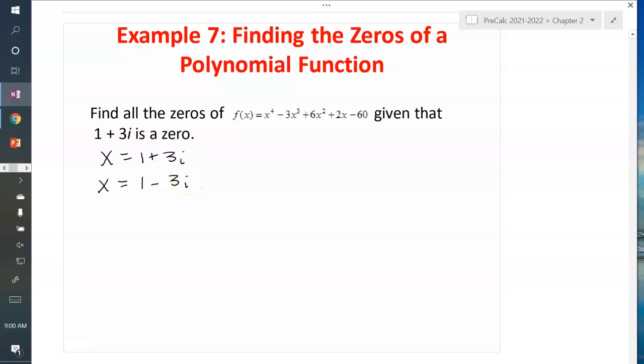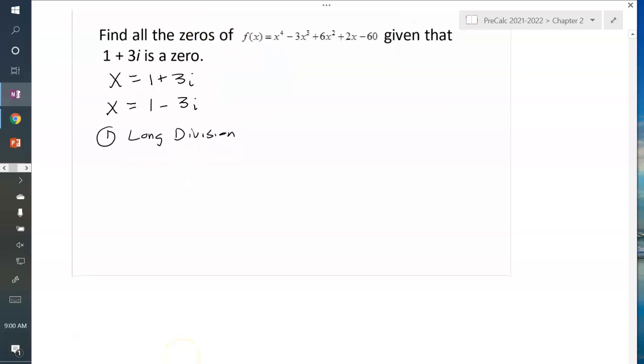Now at this point, you have 2 choices. Option 1 is to use long division. You can actually FOIL your 2 zeros together, and then you'll get a quadratic and divide that out, using long division, to get another quadratic. Or option 2, calculator.